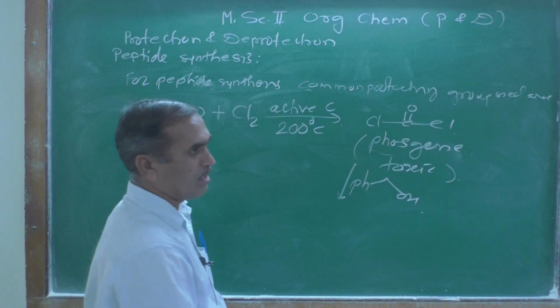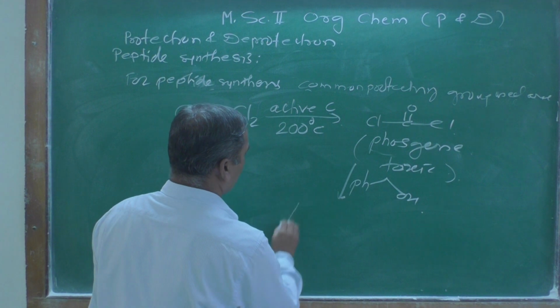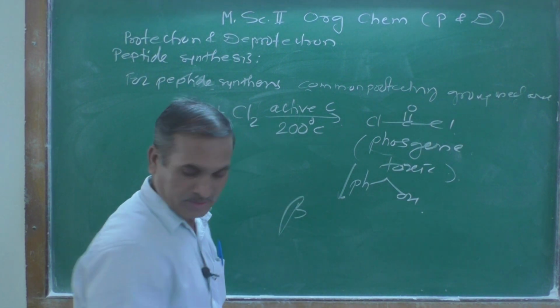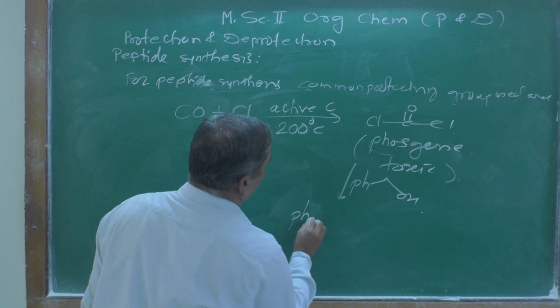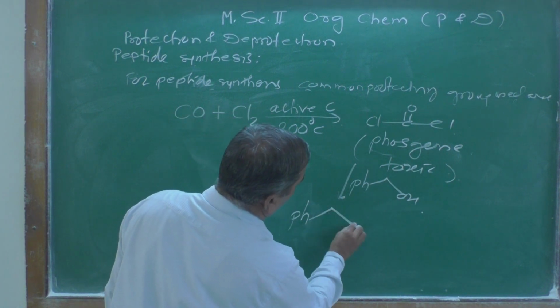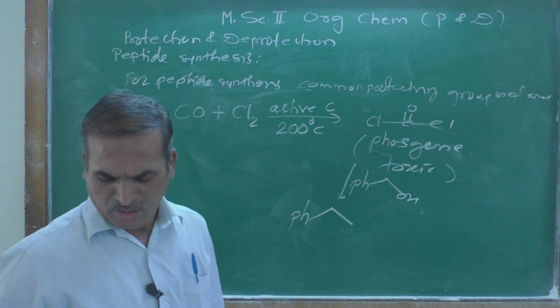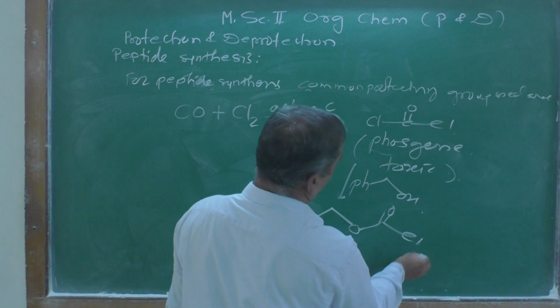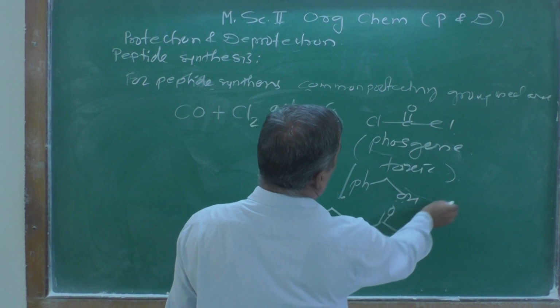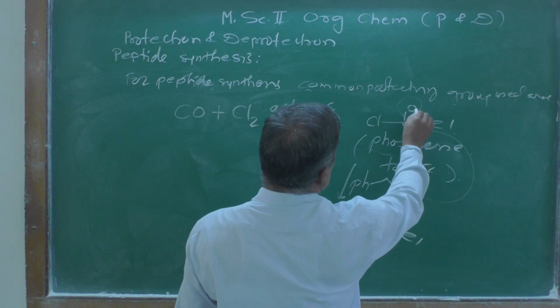It is known as CBZ, meaning benzyloxycarbonyl. Here you are going to get the Ph, then O, then C double bond O and Cl. The lone pair is directly attacking this chlorine, which gets removed.